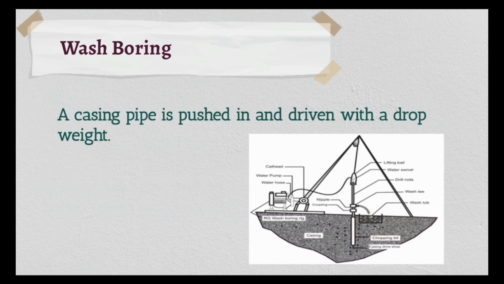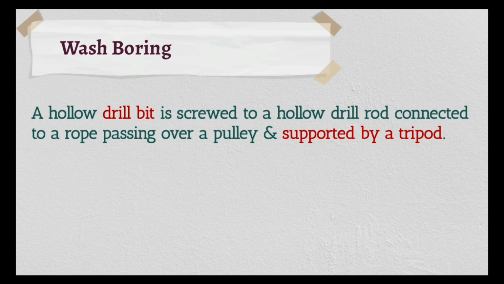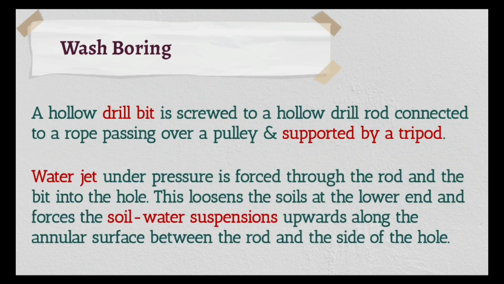Now let us see in simple terms how the wash boring works. As you see in the image, a casing pipe is pushed in and driven with a drop weight. A hollow drill bit is screwed to a hollow drill rod connected to a rope passing over a pulley, and the entire setup is supported by a tripod.